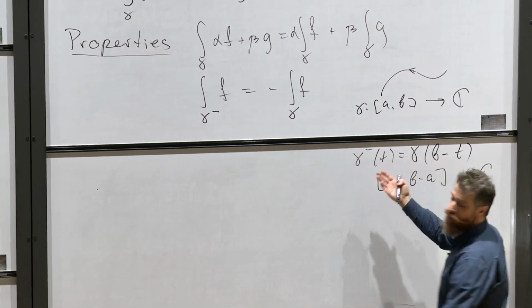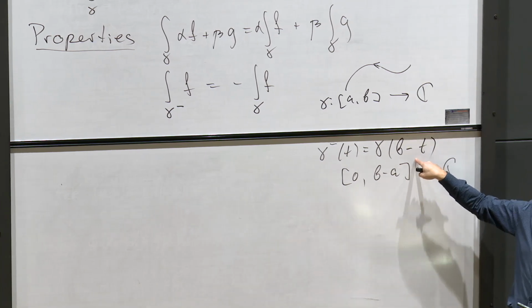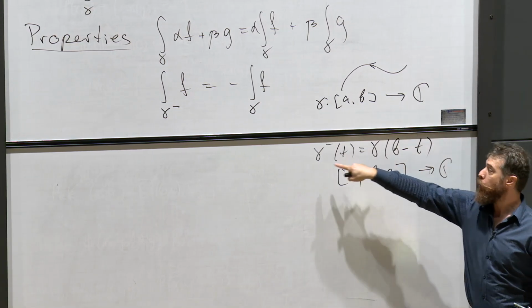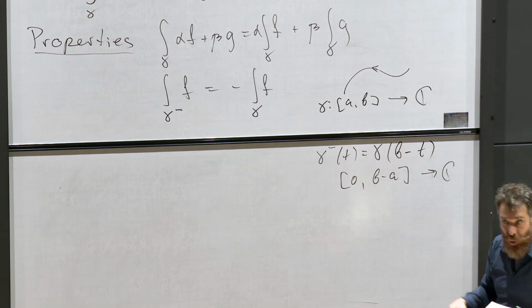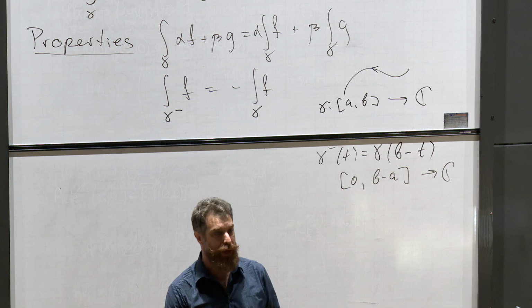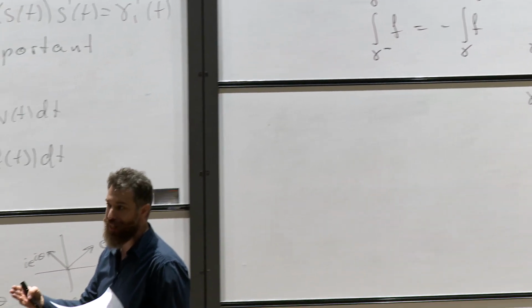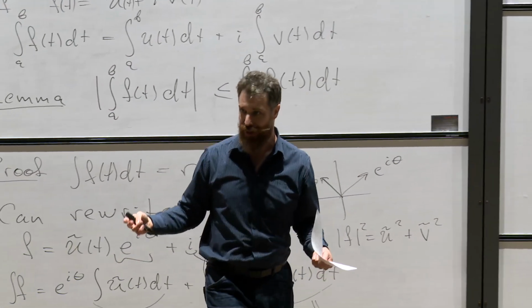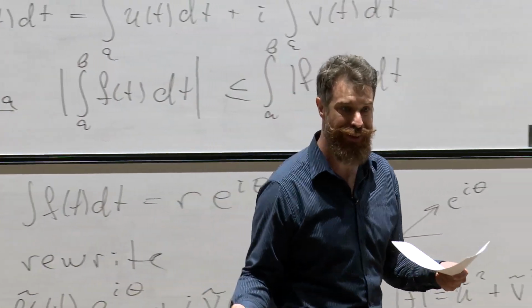Again, this is just a change of variable, and the minus comes from the fact that when you differentiate, you get a minus sign here. It's the same as in the real case when we say that the integral from A to B is minus the integral from B to A. So we change direction, we change sign.